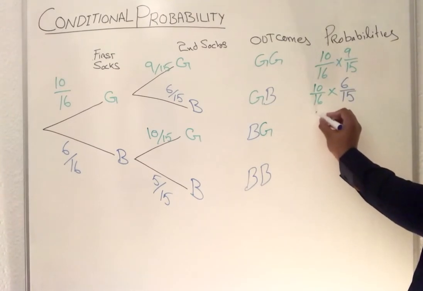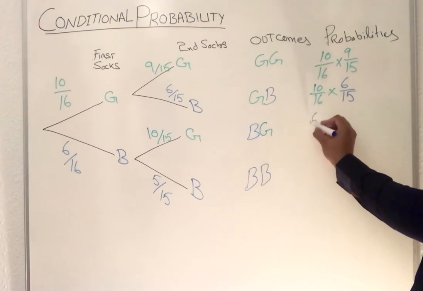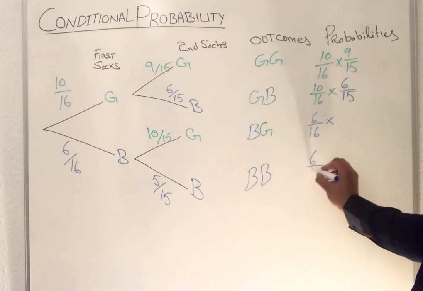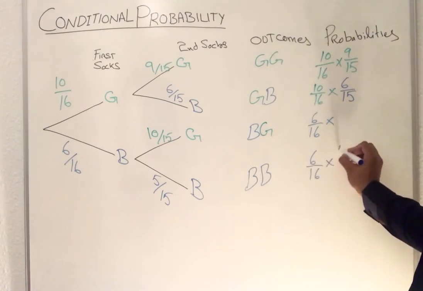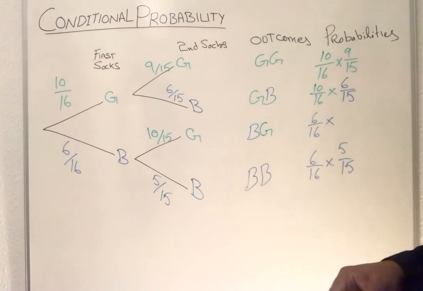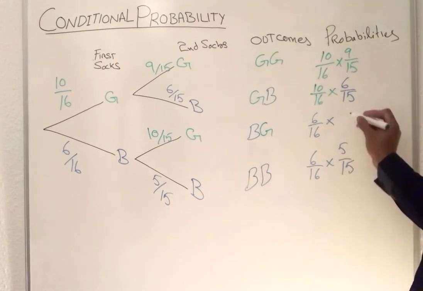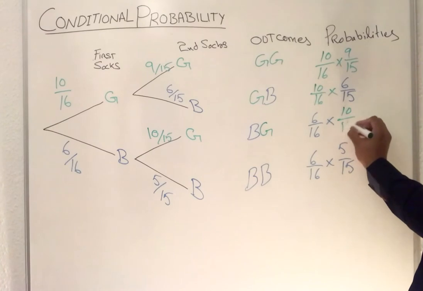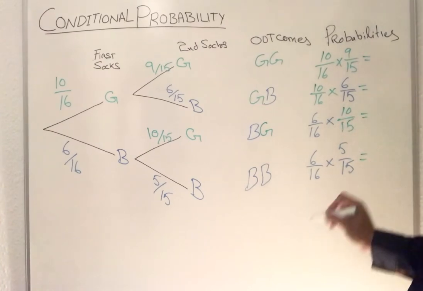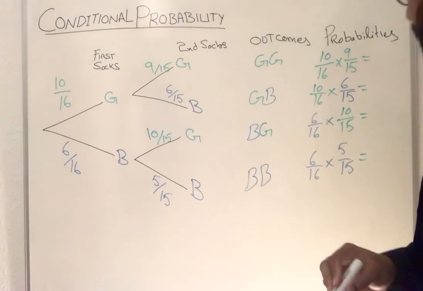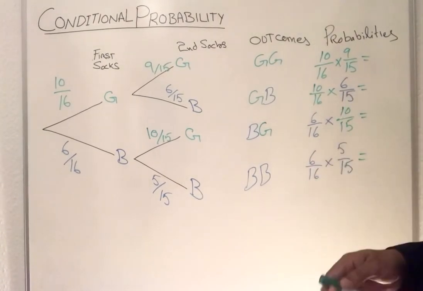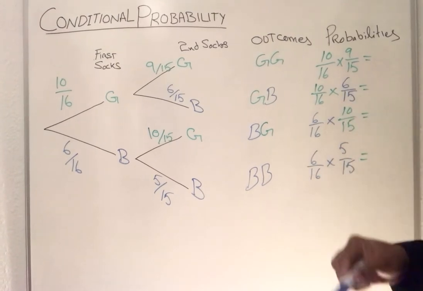And then 6 out of 16 times 5 out of 15. So green is 10 out of 15. We can work out to find our probabilities in here. We can see if we can divide, so we can divide and simplify that one.